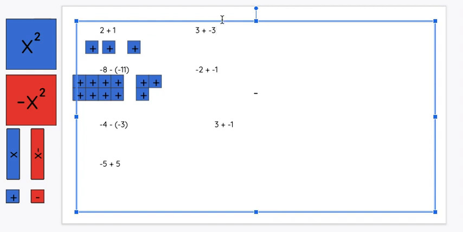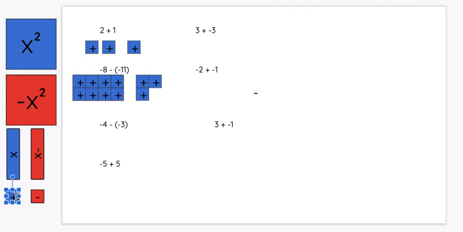So this is like the same as the last problem. You have 3 positive units, and then you're taking away 3 units.